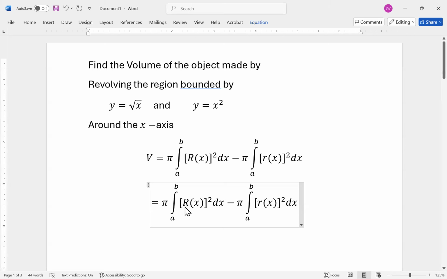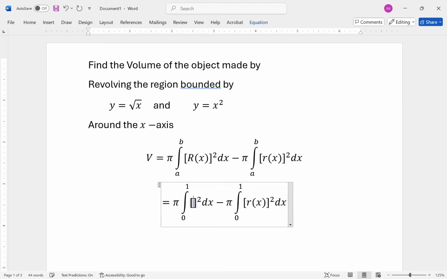I am ready to do my calculations now. So we saw that since my rectangles are perpendicular to the x-axis, which is horizontal, I'm going to be integrating with respect to x. The x value bounds are 0 and 1. Those are going to be on both the inside radius and the outside radius.